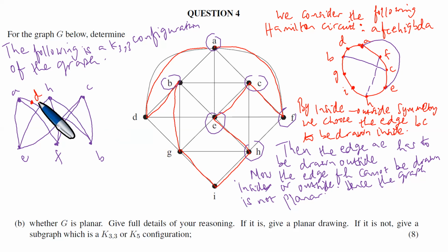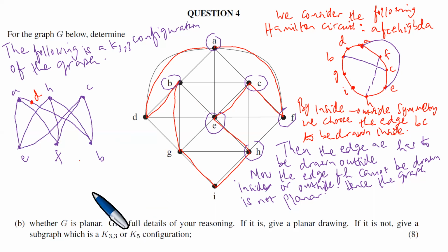Okay, let's look at also HB. Right, so if you look at HB, for instance, here is H and here is B. If you look at H and B, you have I and G in the middle.